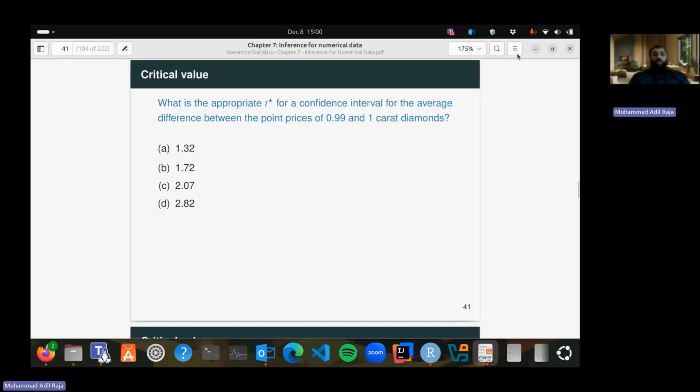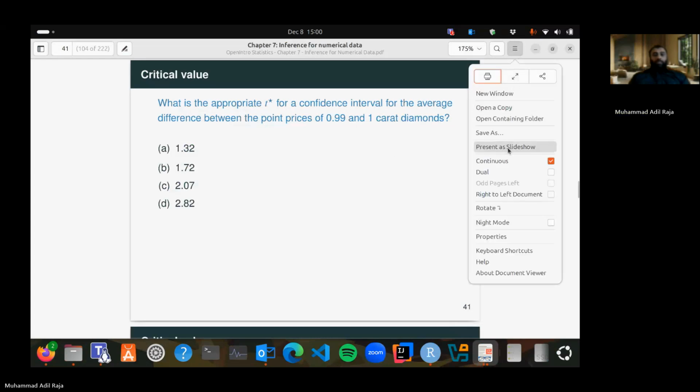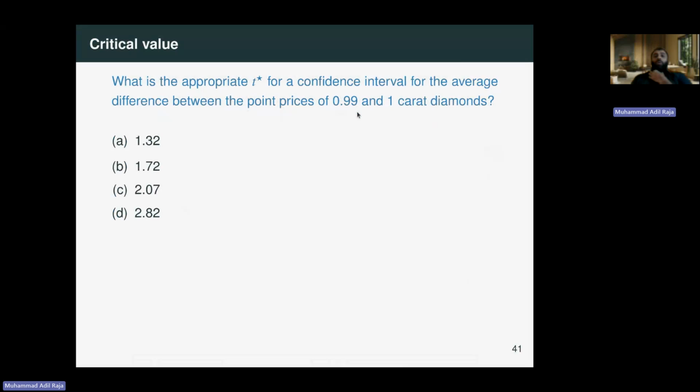So what is the appropriate T star for a confidence level for the average difference between the point prices of 0.99 and 1 carat diamonds? We did this before, and I'm just going to do this. Basically, you compute T star using QT, and you provide the degrees of freedom.